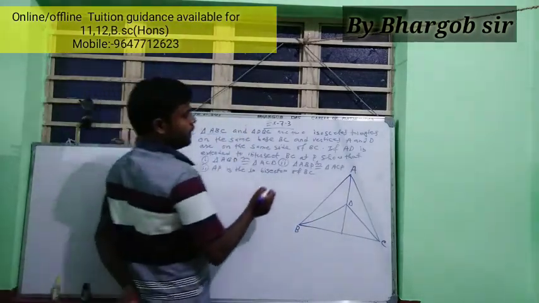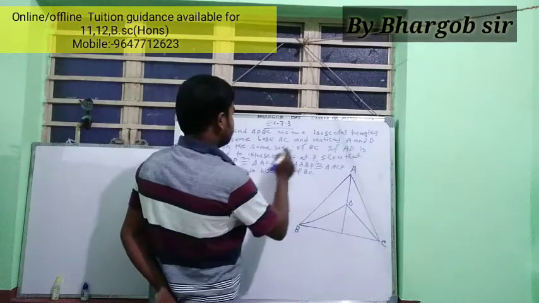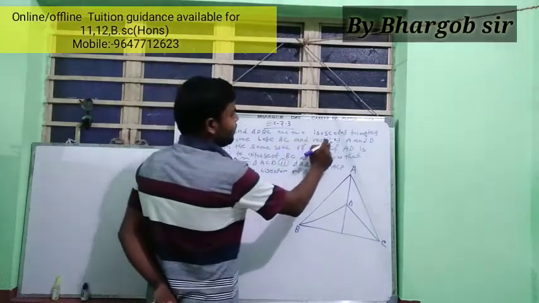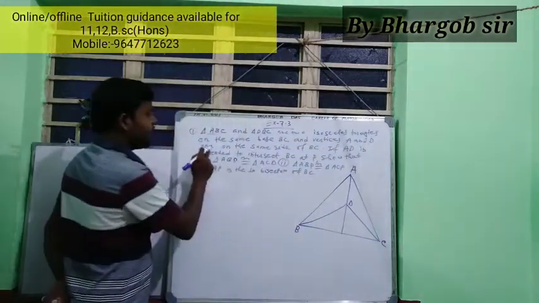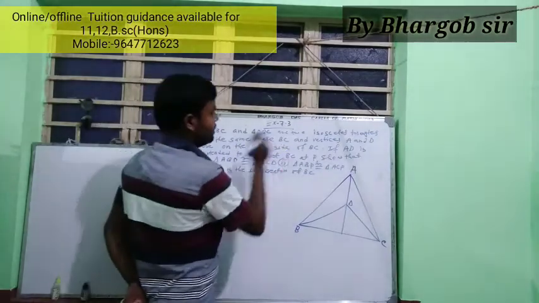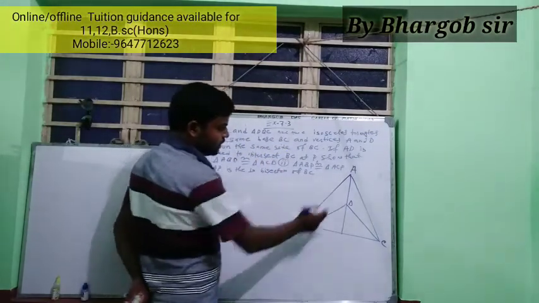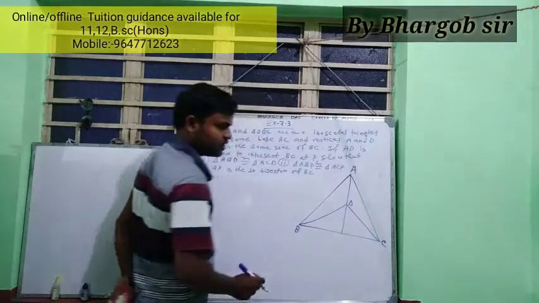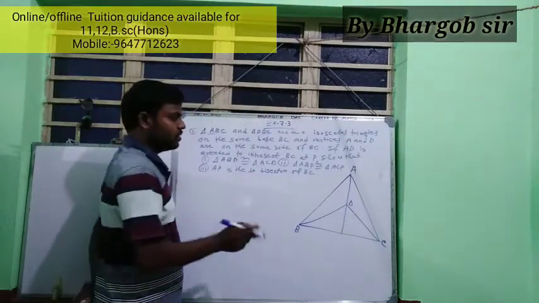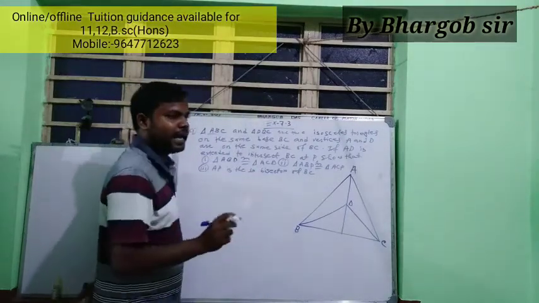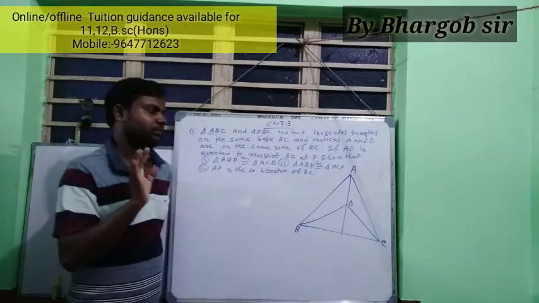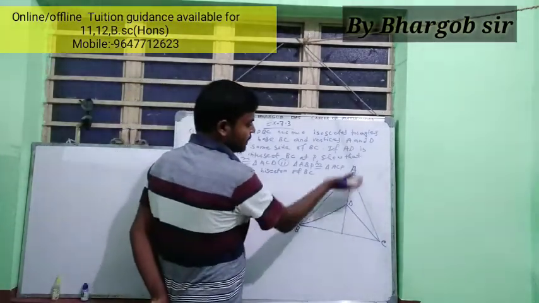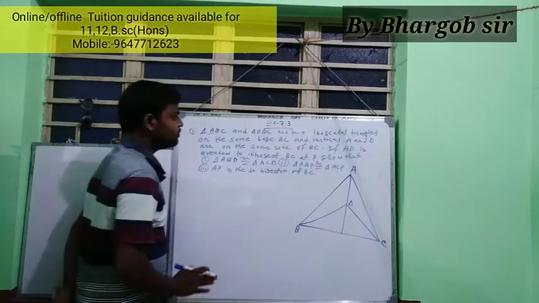Now, vertices A and D are on the same side of BC. Notice on the picture, A and D are two vertices of the triangles ABC and DBC respectively, and this is the upper side of the base.